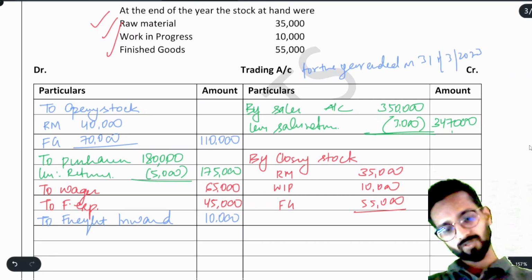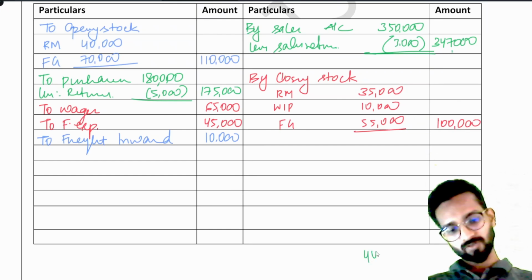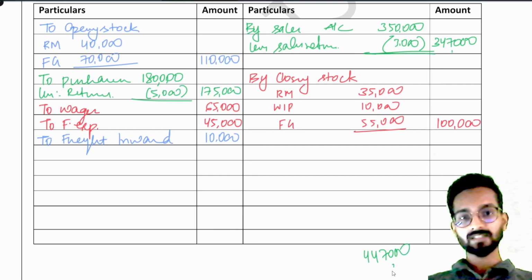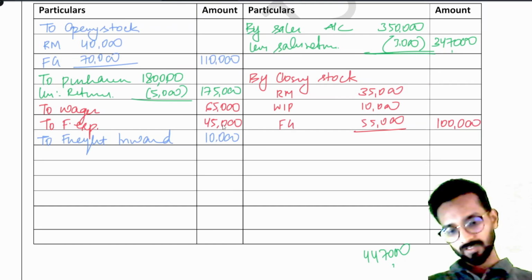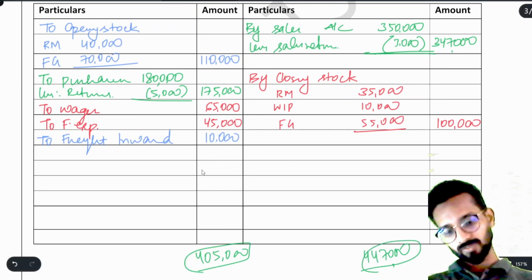Now again the same thing, do the total of both the sides. Total of this side is 3 lakh 47, plus 1 lakh again it is 4 lakh 47. Just do not write it inside the trading account, okay, because we do not know which side has the higher total. Now here 5, 10, 15, 19, 20, and it comes to 4 lakh 5,000, here it is 4 lakh 47, so you can say the profit is 42,000.